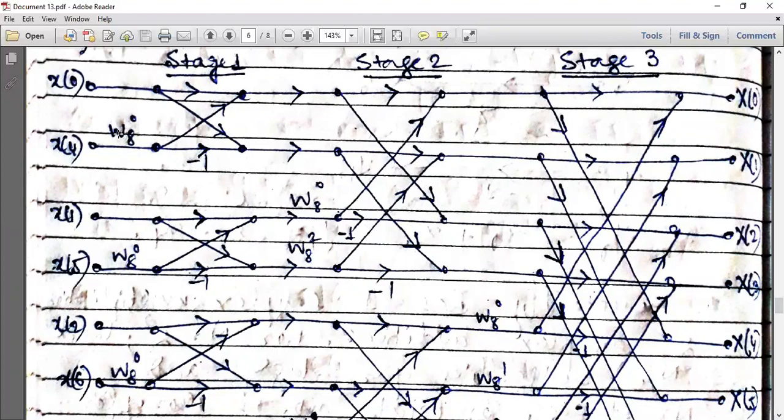You see in stage 1 also, in the x4 line and the x5 line, I have written the twiddle factor, because for x4 and x5 there are backward paths. Similarly here also, for x1 and x5, there are backward paths. You can denote the backward path.